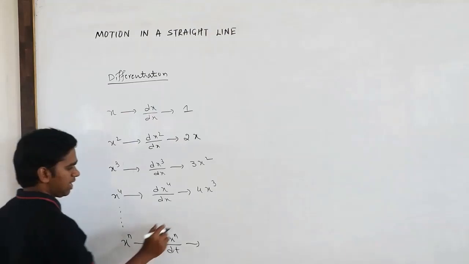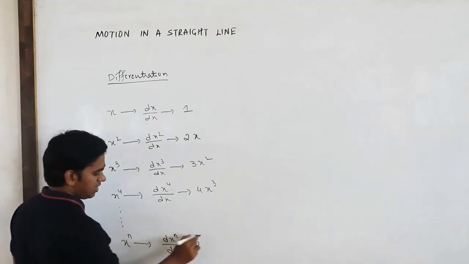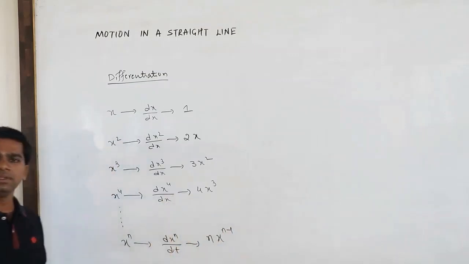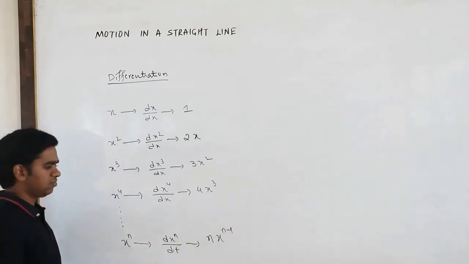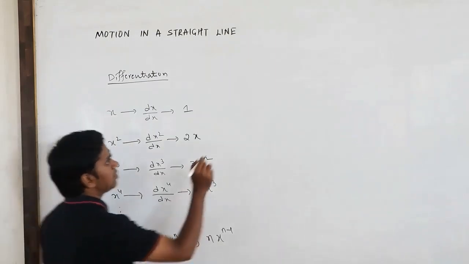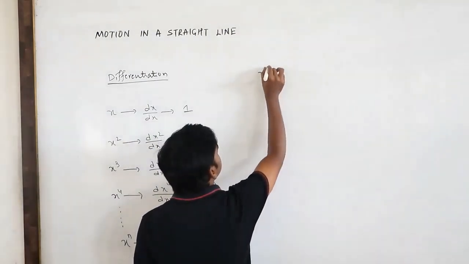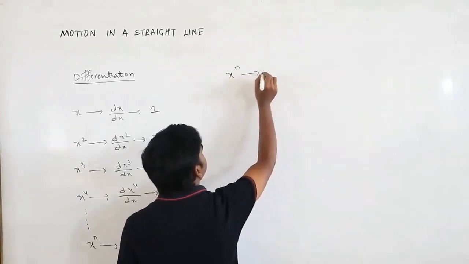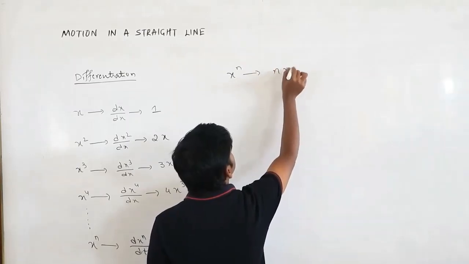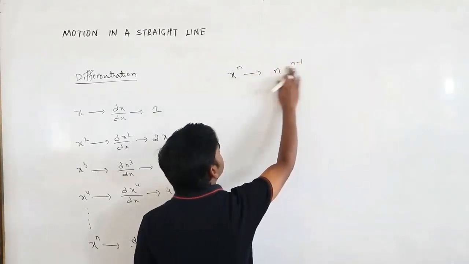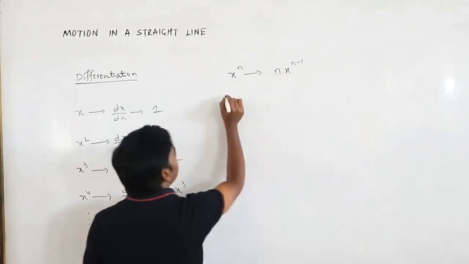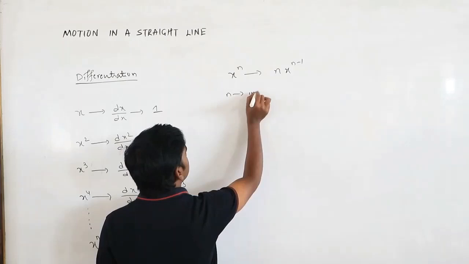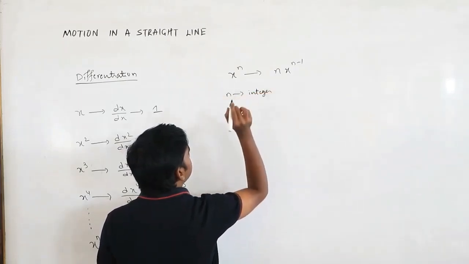Differentiation of xn is n into x raised to n minus 1. We'll see whether this formula is right or not. So n is a constant number, or an integer.